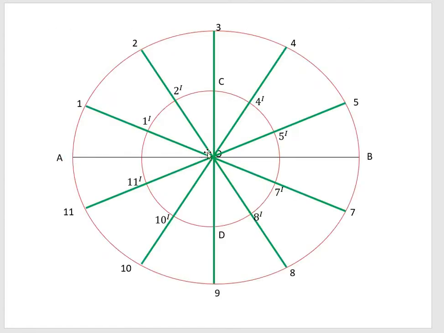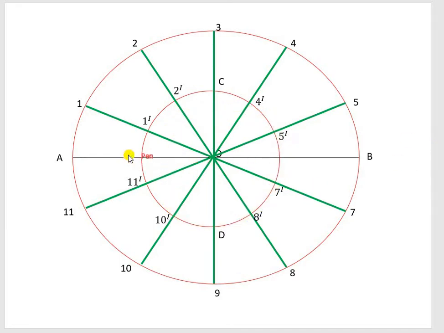See, you see this OA as the reference line, and if I want to draw each angle as 30 degrees, this entire angle will be 360 degrees, right?